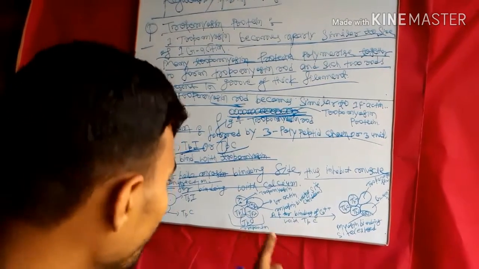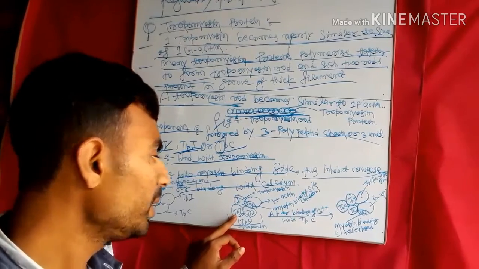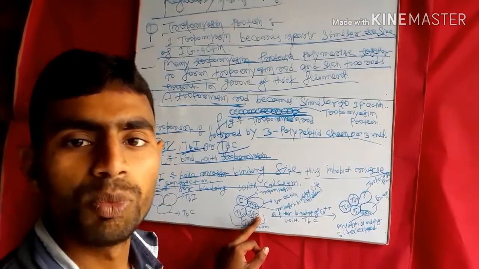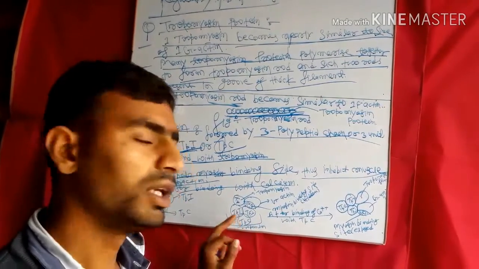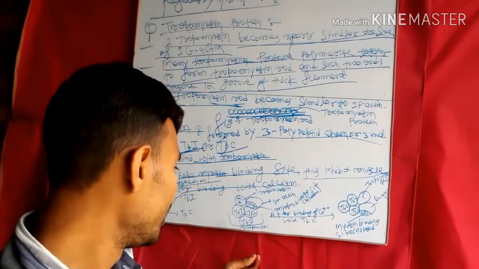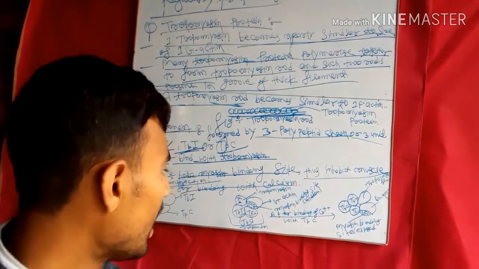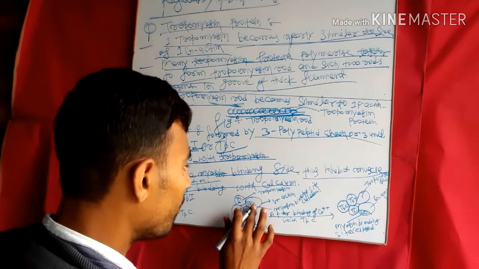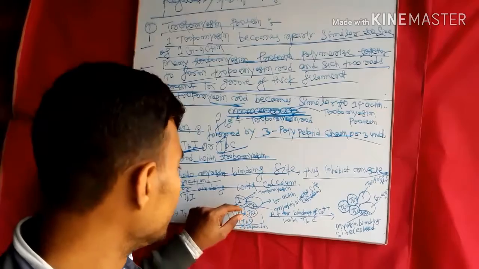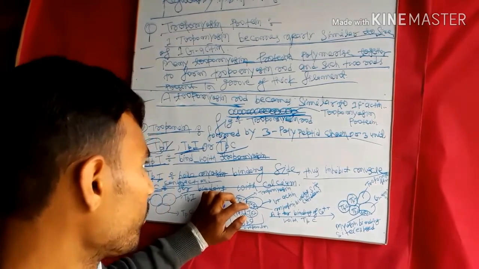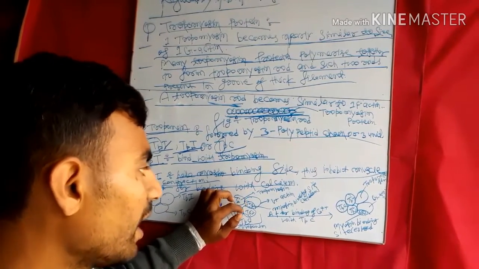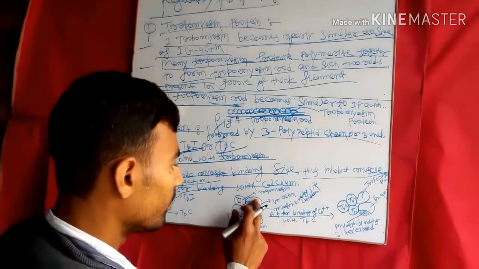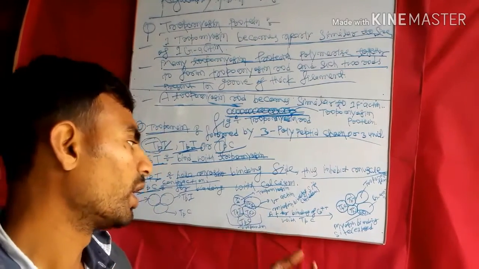This is TPT, troponin tropomyosin, TPI troponin inhibitor, and TPC troponin calcium. All of this together is called troponin, and this is the myosin binding site that is hidden. This part is the globular actin part.